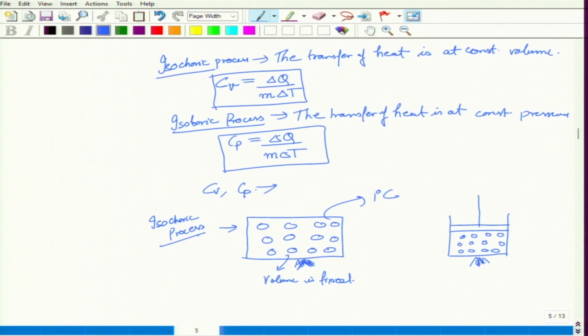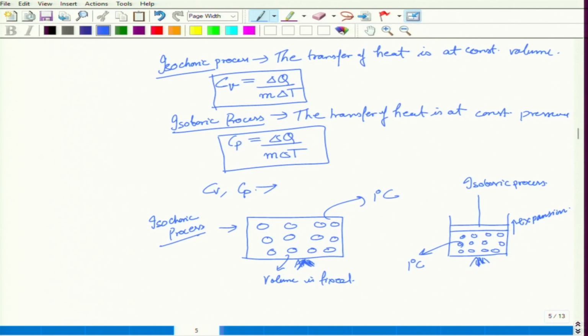You want to change the temperature of these gas molecules by 1 degree centigrade, but the pressure should be constant. So in order to keep the pressure constant, there should be some expansion.